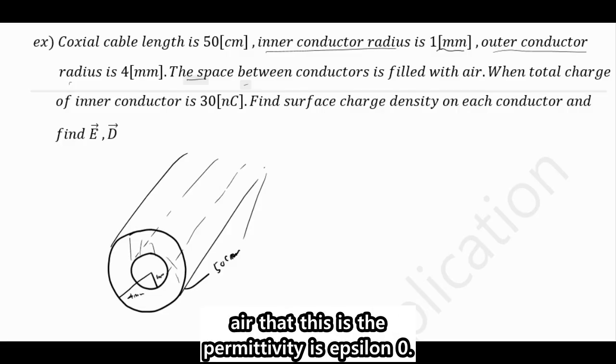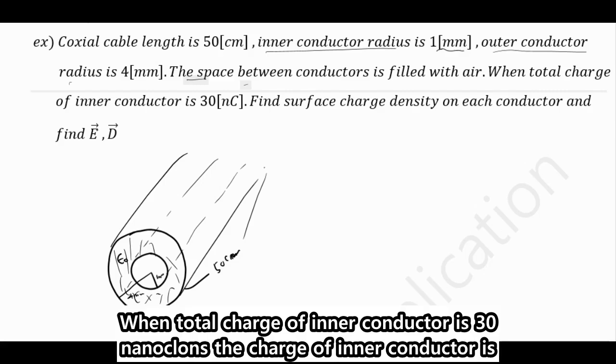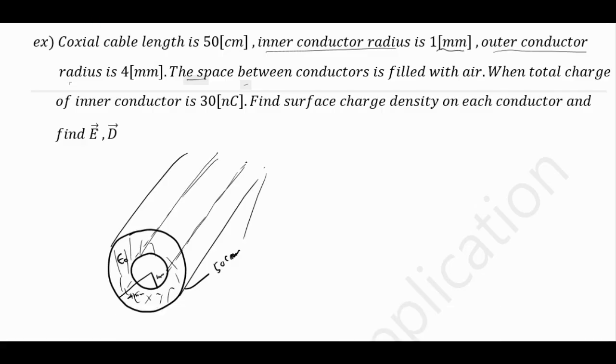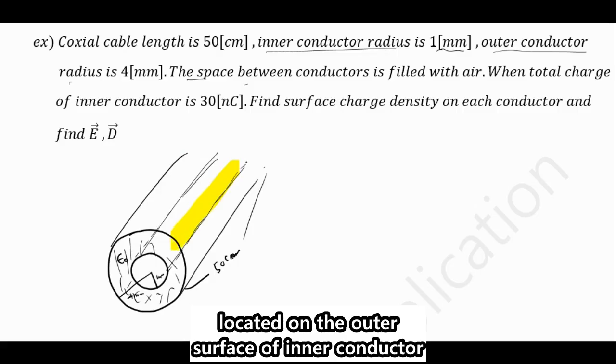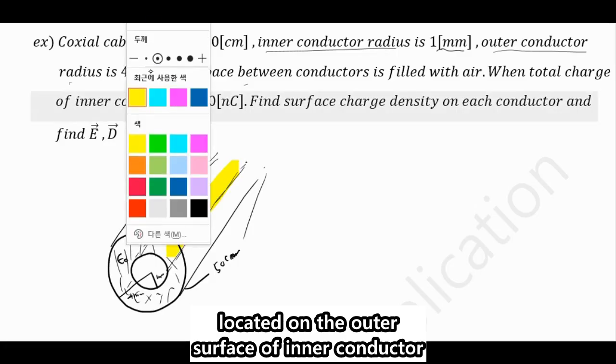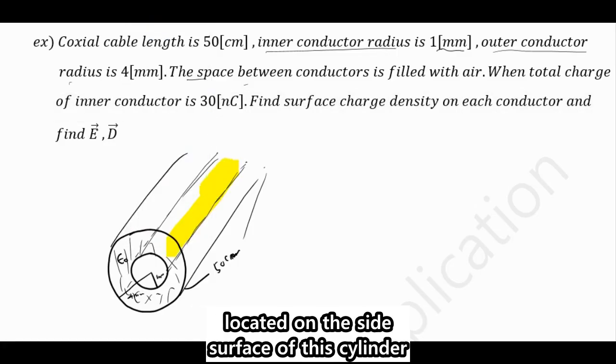So the permittivity is epsilon 0. When the total charge of the inner conductor is 30 nanocoulomb, the charge of the inner conductor is located on the outer surface of the inner conductor, on the side surface of this cylinder.